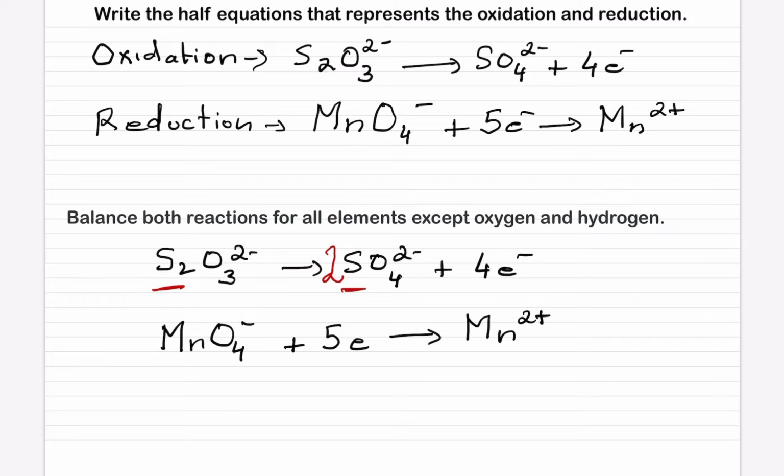Now here again we see there is 1 Mn on both sides, so it's already balanced. Now let's move on to the next. Move down to rule number 5. Balance H and O by adding H plus or H2O to the appropriate side. So let's write down the equation first.